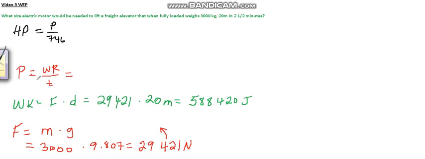And we know that power is equal to work over time. My work is 588,420, so I can take this number and divide it by my time in seconds. So let's take a look: 588,420 divided by my time in seconds.